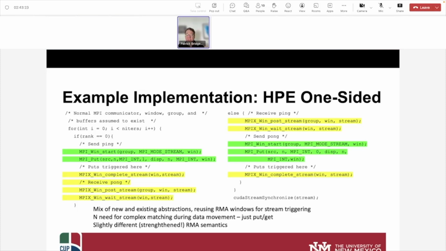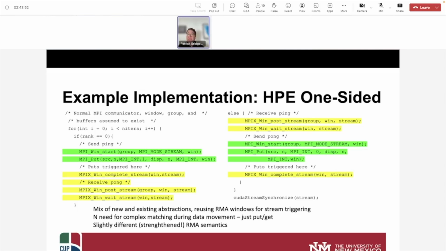Traditionally in one-sided, between calling MPI put and complete, MPI has the option of when to move data. Whereas in this implementation from HPE, the put, because it's not stream triggered, is basically only supposed to happen when complete is called.